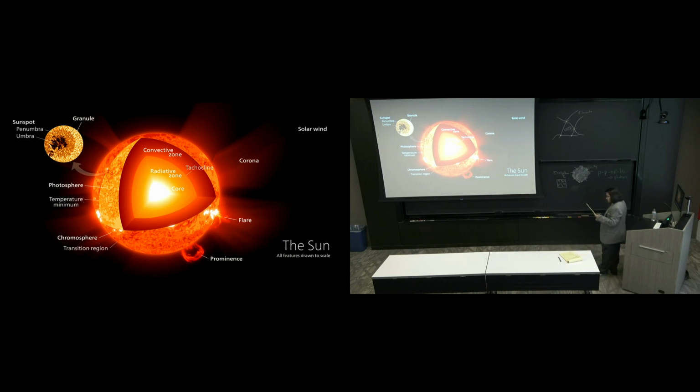Good. Indeed, you can form black holes from gravitational collapse.